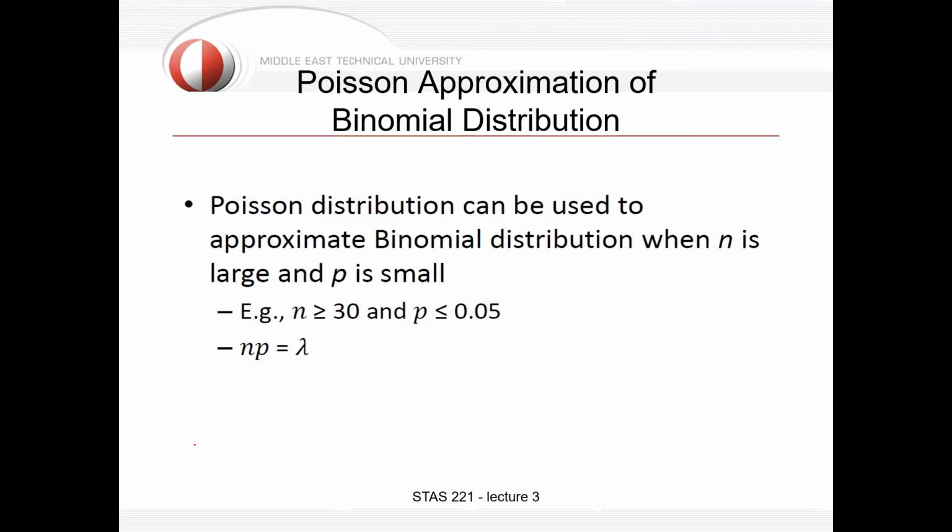When the number of trials is large enough, and it depends on how you define large enough, like whether 30 is big enough or 100 is big enough, we will talk about it in detail later. But generally, the concept is that n is large enough and the probability is small enough.